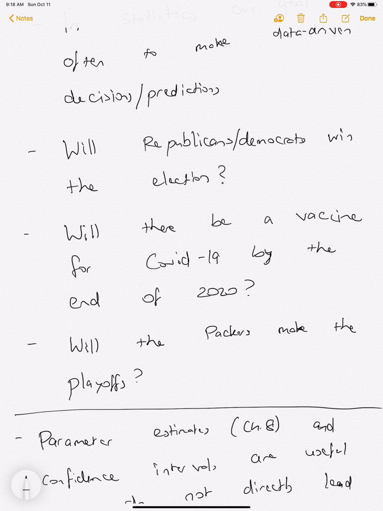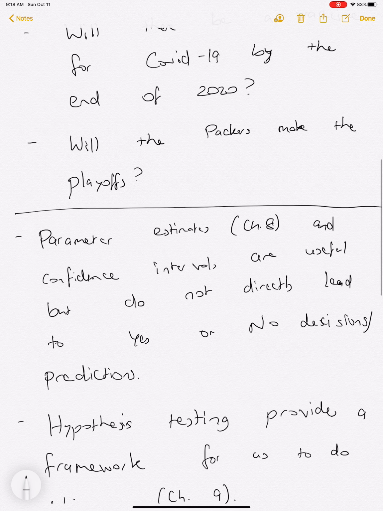Because these are yes/no questions, what we learned in chapter 8 with parameter estimates and confidence intervals is certainly very useful, but if someone asks you for a yes or no answer to these questions, or at least a prediction, nothing we learned in chapter 8 really allowed us to do that.